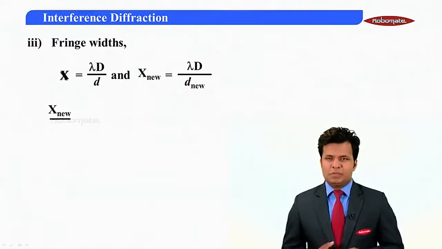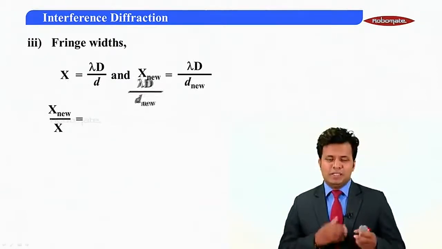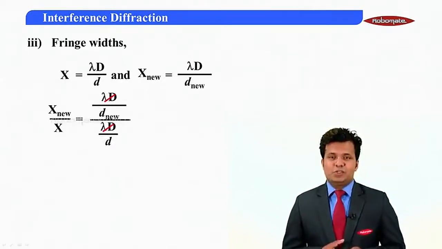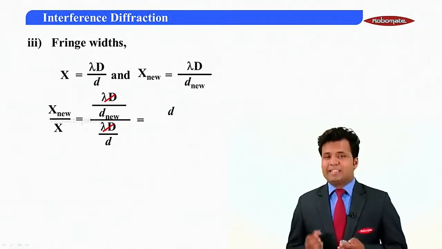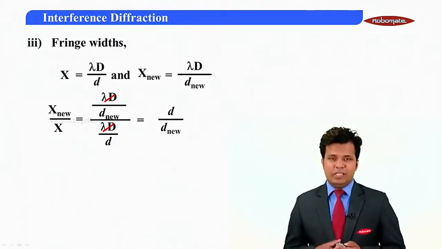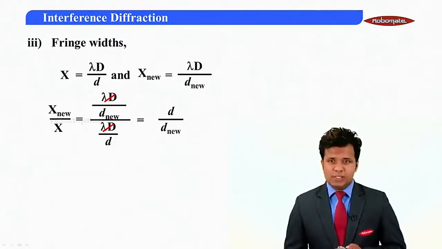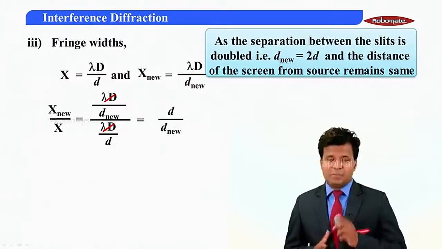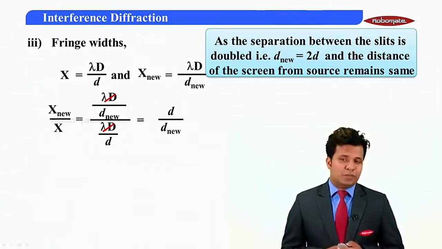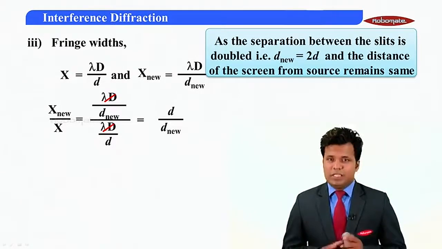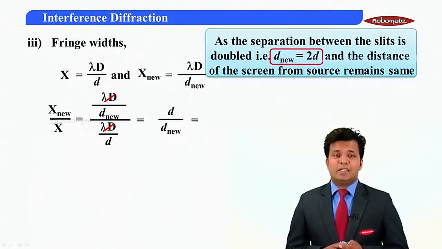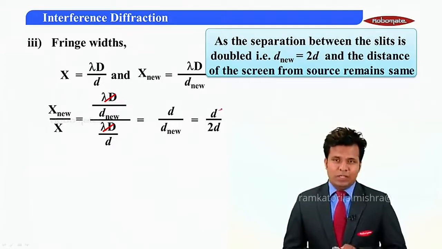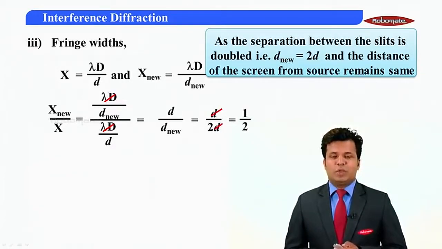Taking it in ratios and cancelling similar terms, X new by X is small d by d new. d new is double the initial d, so d upon 2d, where d gets cancelled, leaves 1 by 2.